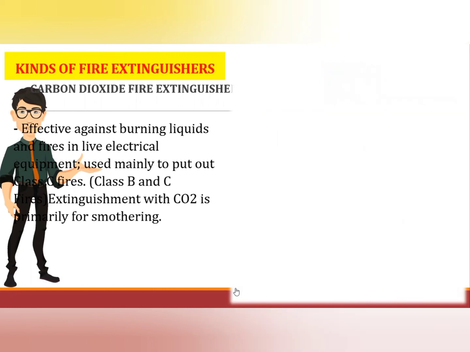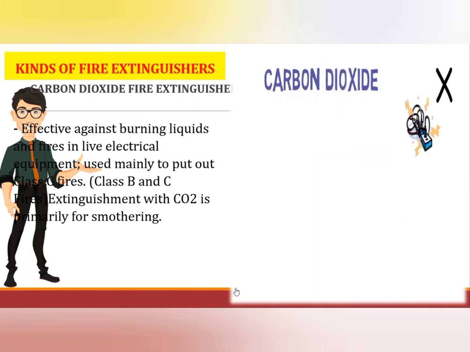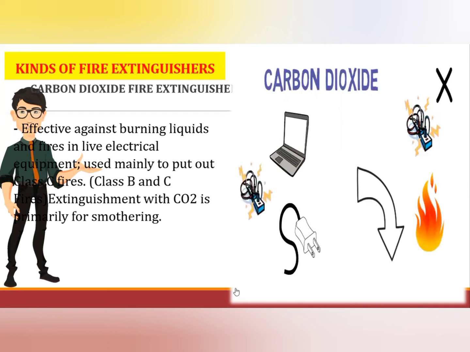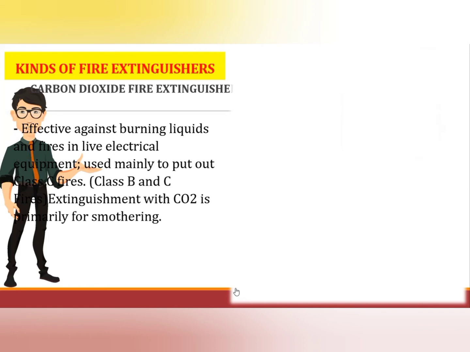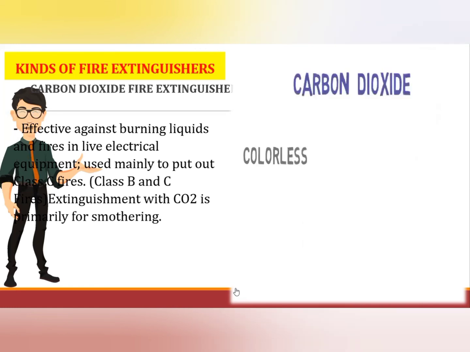The second reason is carbon dioxide doesn't conduct electricity, making it an ideal fire suppressant for use in computer rooms, electrical distribution stations, and other locations where a large amount of electricity may be present. The third reason is carbon dioxide is a colorless and, in normal concentrations, odorless gas.